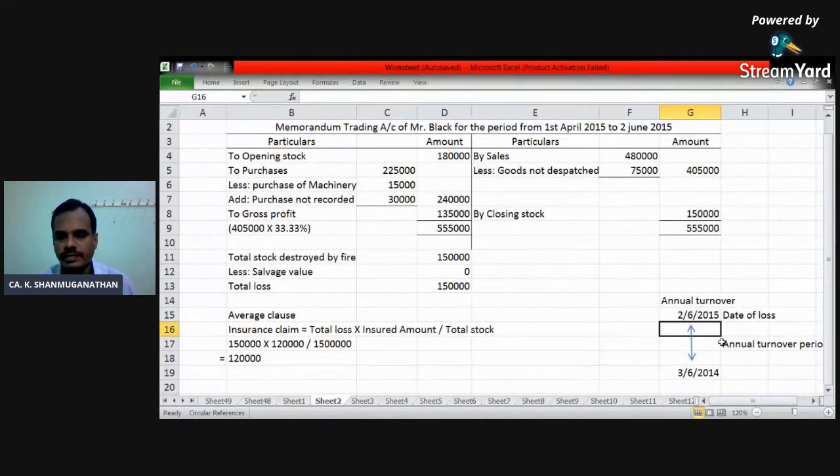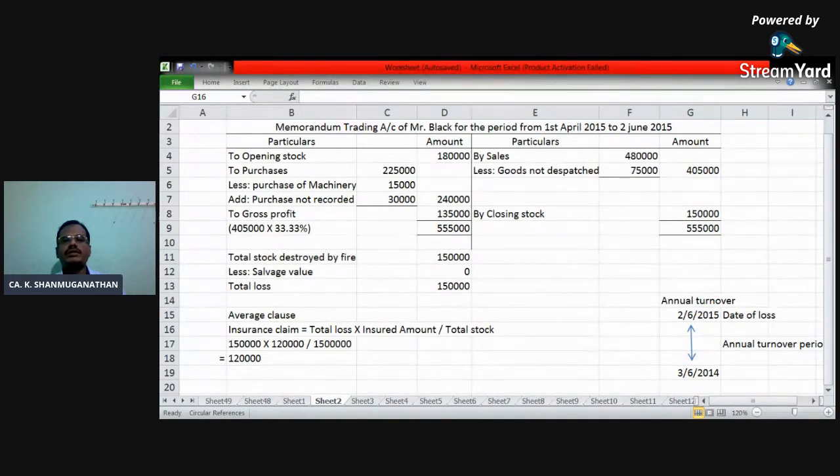Next line, the period subsequent to the date of loss is called as indemnity period. The period subsequent to the date of loss is called as indemnity period.